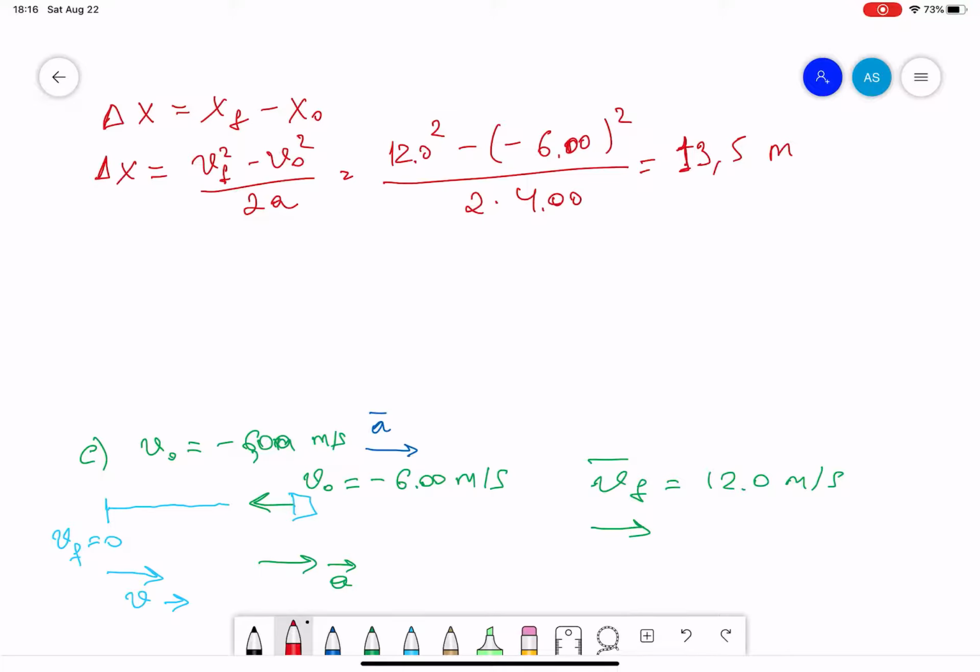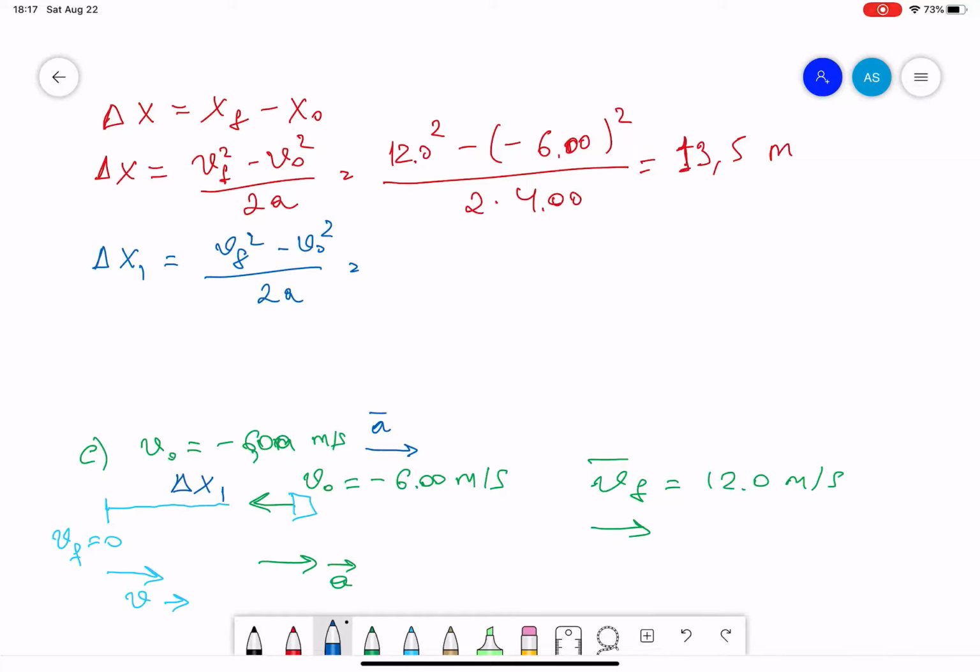However, the total distance which is traveled will be slightly different here. So let's see how things vary. First of all, we know that the initial velocity was in a negative direction. So first we have to find this delta x1. Delta x1 means v final squared minus v initial squared over 2a.